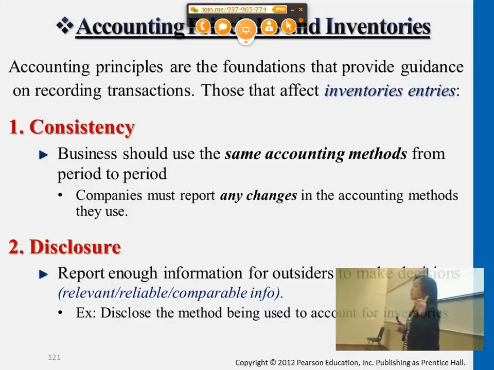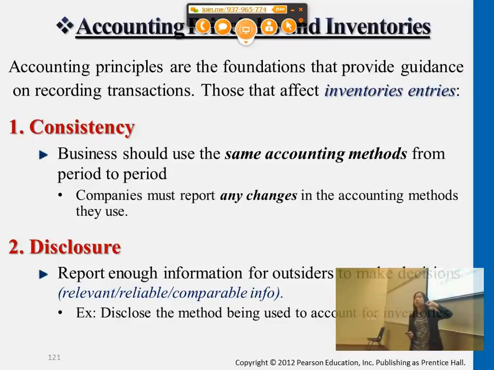Meaning once the business incorporates, if they decide, of course this is usually at the management level, decided together with accountants, to use one specific method such as FIFO, you can assume that they'll be using the same method along the years unless they disclose otherwise.